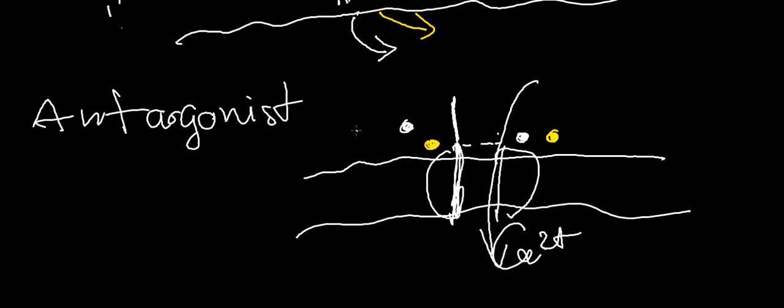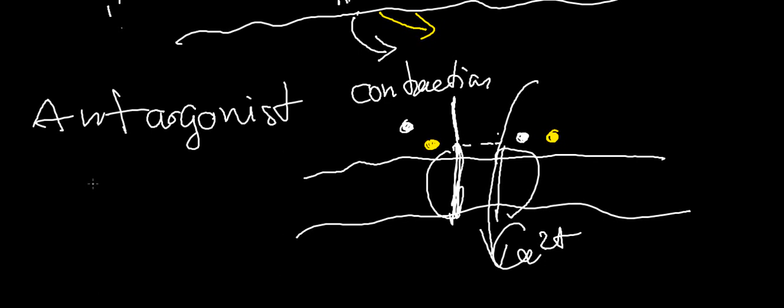For example, the agonist causes contraction, and if an antagonist blocks the binding site of the agonist, the muscle will be relaxed, and you may think that they cause opposite effects. That is not true, because the antagonist does not have any intrinsic activities.